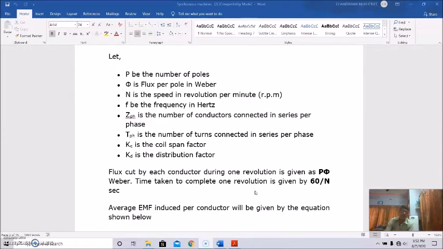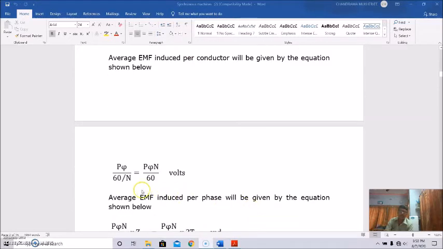The time taken to complete one revolution is 60 by N, because N revolutions require 60 seconds, so one revolution takes 60 by N. So the average EMF induced per conductor is P phi divided by 60 by N, which is P phi N by 60 volts.